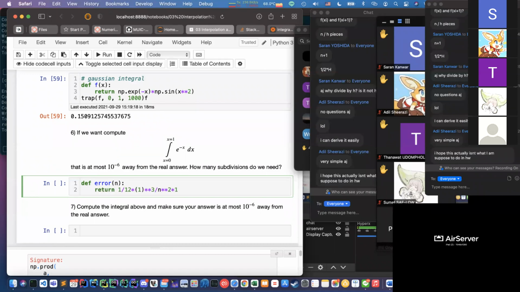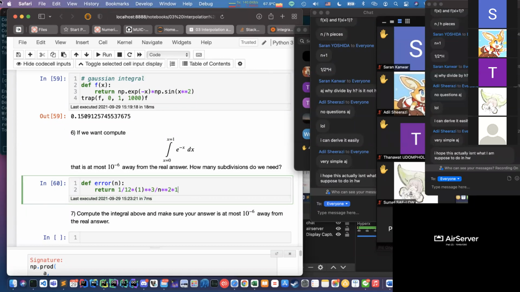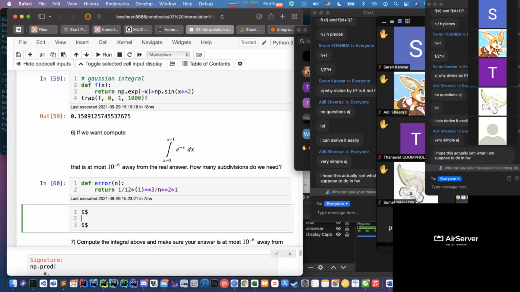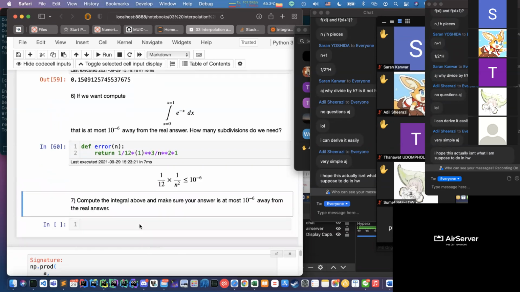Right now you have this. You can follow, but let's be more civilized. So for example, this is what you need. You want 1 over 12 times 1 over n squared to be less than or equal to 10 to the minus 6, then you can solve for n.